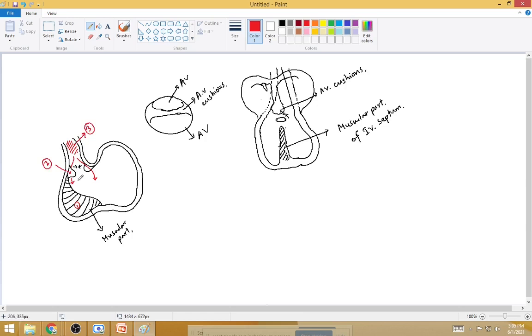So the whole of the interventricular septum will depend on the 3 parts. The first is the muscular part. Second is the AV cushions. What is the third? This is known as, in simple words, the spiral septum. This is called the spiral septum.